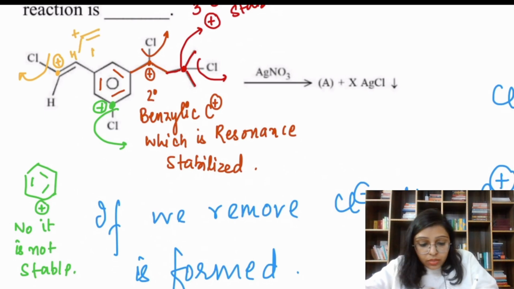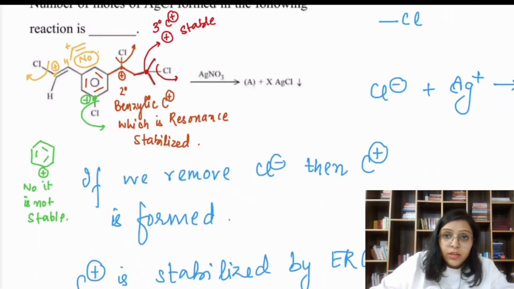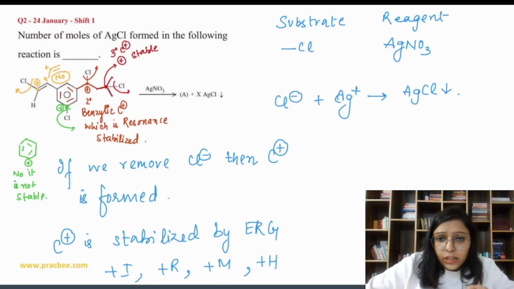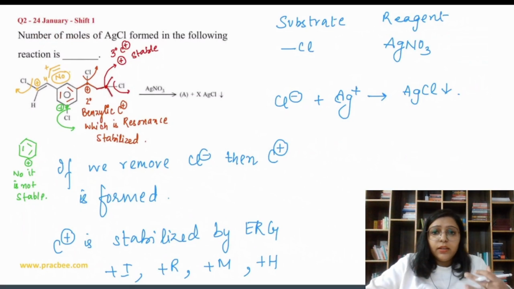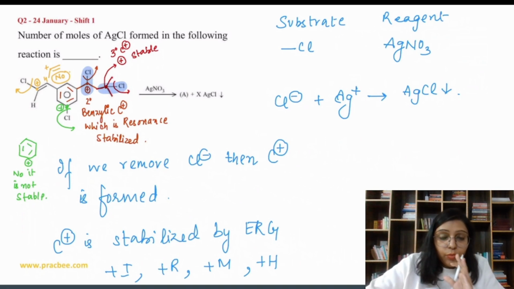Is it stable? No. A positive charge cannot be formed on a double bond if we do not have any other reaction. So the point is that only two are the possible places from where Cl minus can be removed.